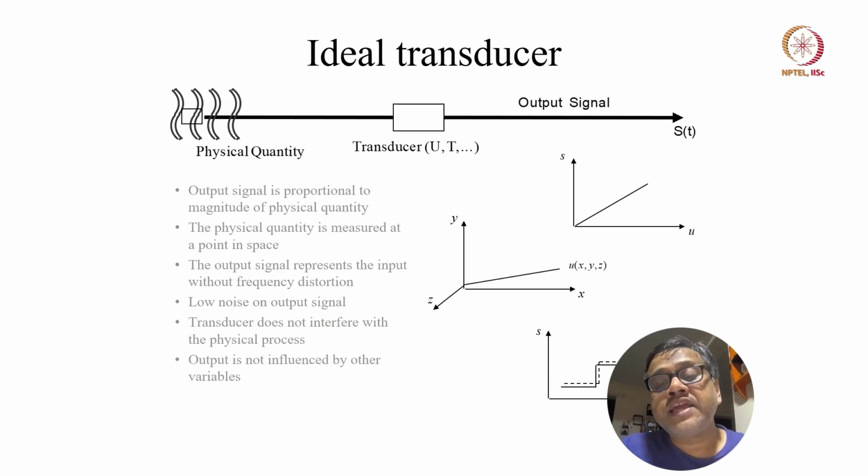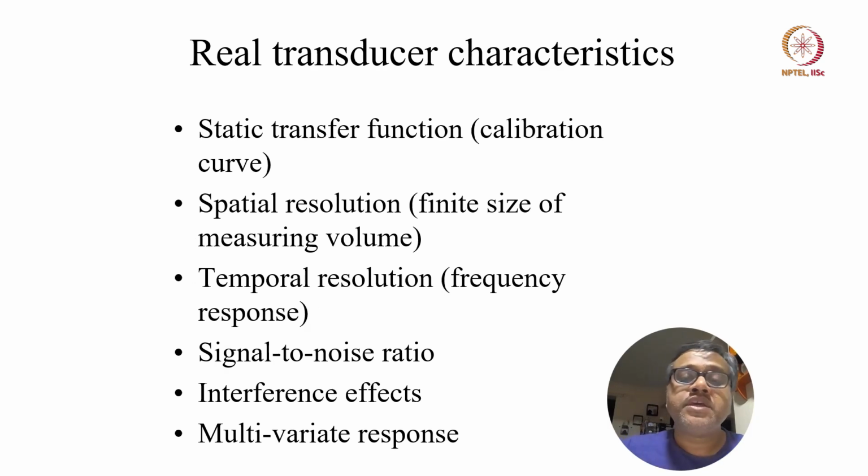Okay, so these are the kind of transducer dynamics. Real transducer dynamics has a static transfer function, which is like a calibration curve. The spatial resolution is important because of the finite size of your measurement volume. We also saw that in the case of LDV. The same thing is valid for any measurement. The temporal resolution is its frequency response, that is, how small or how large a frequency you can safely measure.